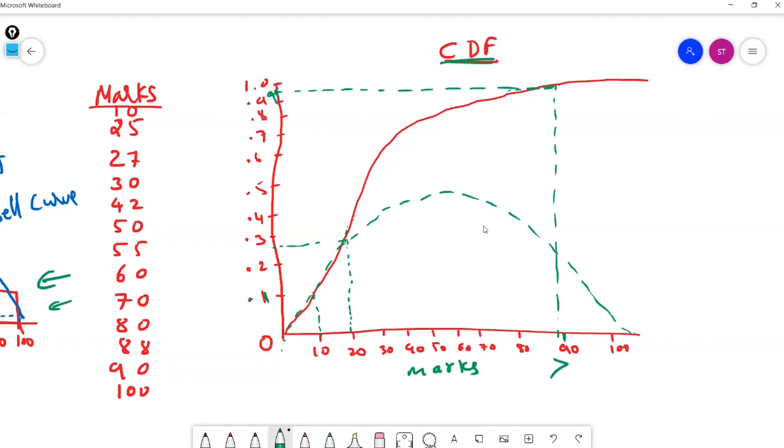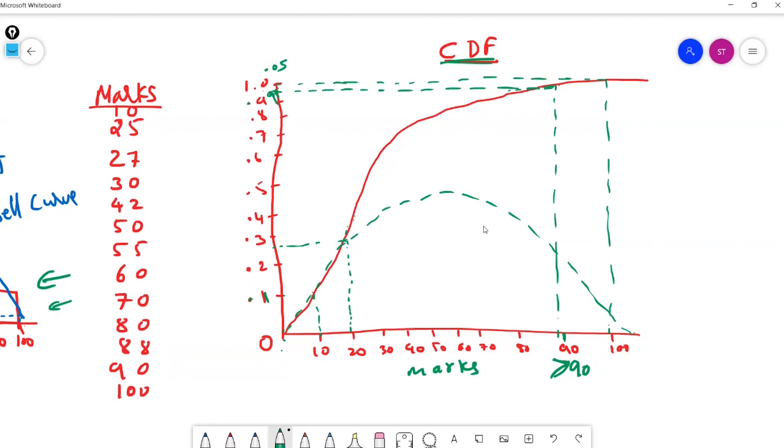And greater than 90 marks, I have only 5% from 90 to 100. Finally, it is going to end up at 100%, as you can see. Greater than 90 marks there is only 0.05. My bad, 0.05, or you can say only 5%.